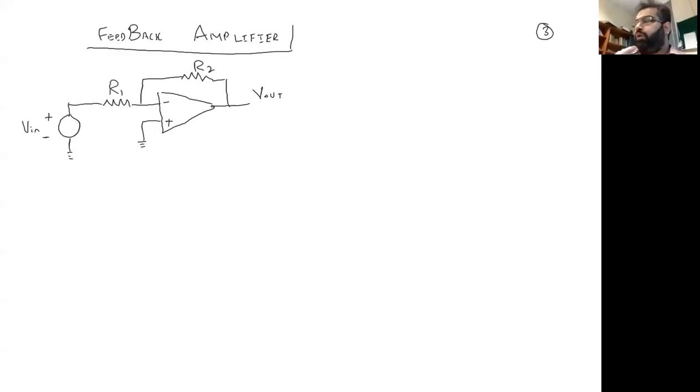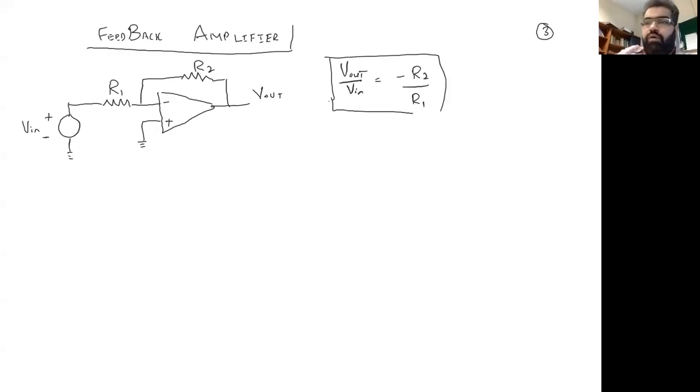So we all know if we want to talk about V out over V in for this configuration, we will ignore the A, which is very much infinity, let's say a very much bigger value, or KA. So we will talk about gain as minus R2 over R1 since it's connected to the negative one. So it's an inverting configuration. Or we can convert it into a simple amplifier. VDD. Here we have an RD.